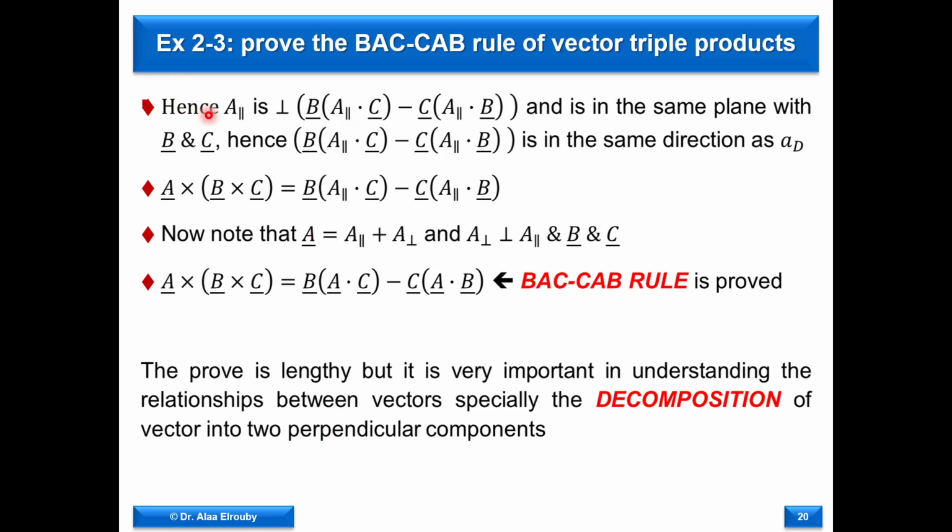So now A parallel is perpendicular to this expression and it is in the BC plane, so this expression must be in the AD direction. So the expression of A cross B dot C will equal this expression.